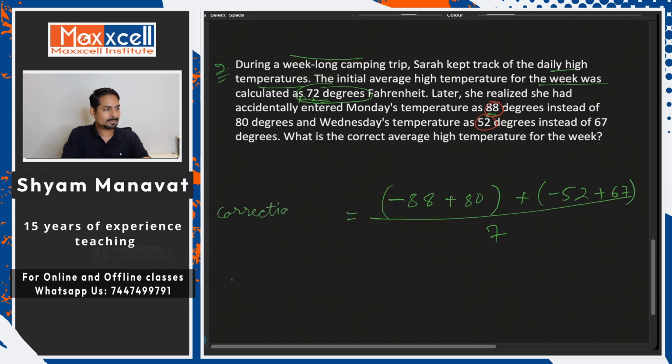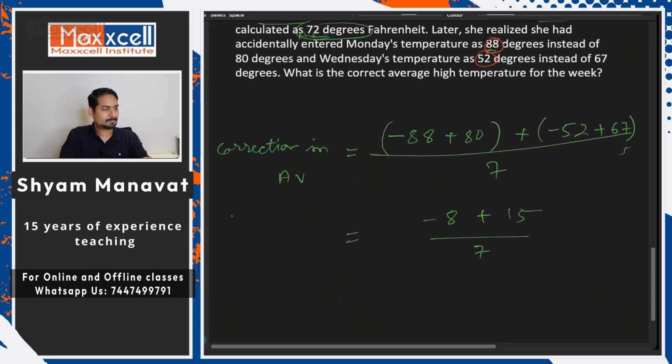Correction in average. So simplify. -8 plus this will be what? You have minus, so that will be 5 and this is 1, so it's 15. Now 15 minus 8 by 7, that is nothing but 7 by 7, that is 1.